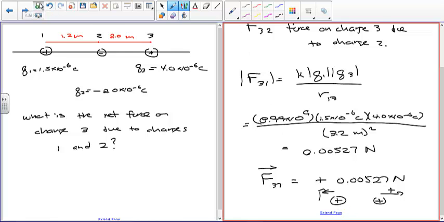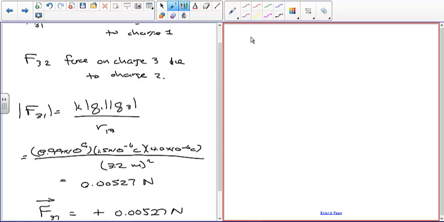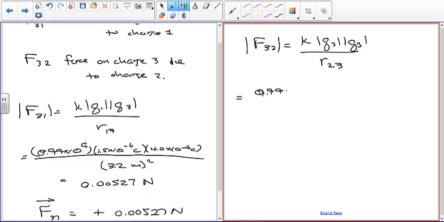Okay, so let's add a page here. Now we look at the next one, which is the magnitude of the force on charge 3 due to charge 2. It's going to be equal to Coulomb's constant times the magnitude of charge 2 times the magnitude of charge 3 divided by the distance between 2 and 3. Coulomb's constant is 8.99 times 10 to the 9th newtons meter squared per coulomb squared.